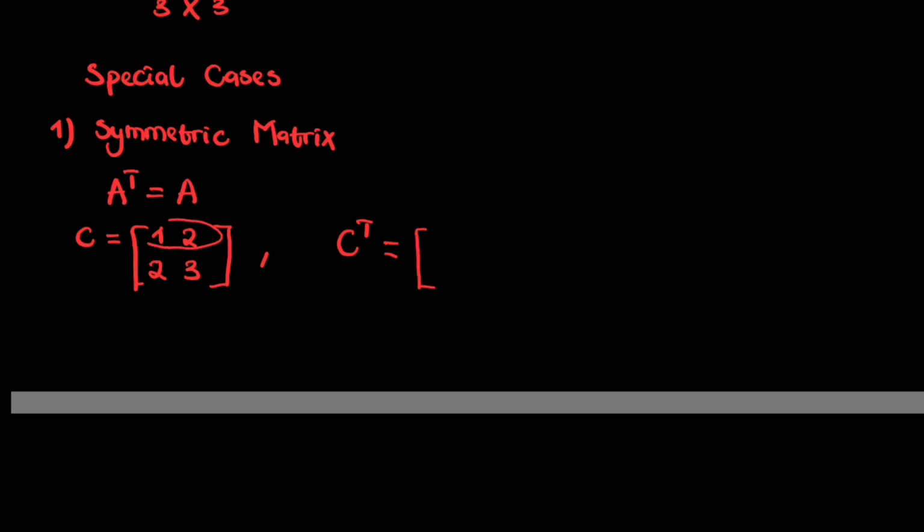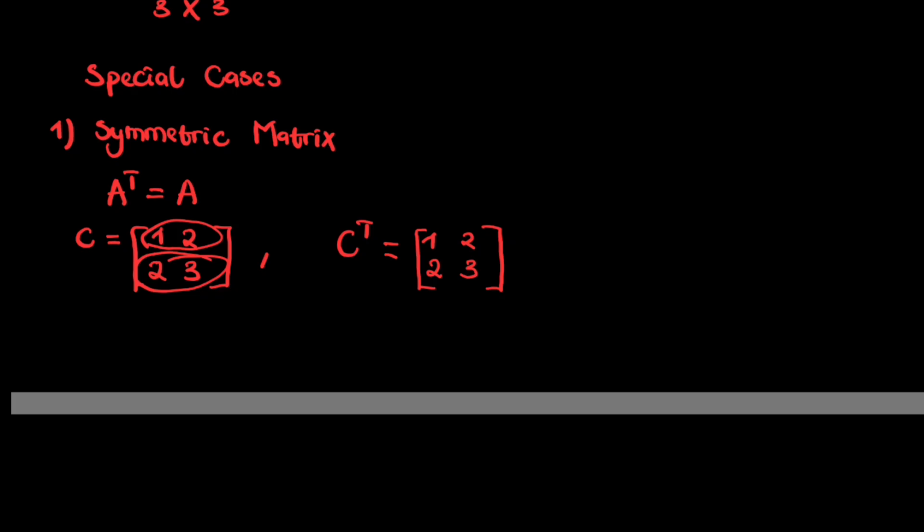Here our first row was 1, 2, so the first column of this transpose matrix will be 1, 2. Now the second row becomes the second column of our transpose matrix. So we had 2, 3, so here will be 2, 3.